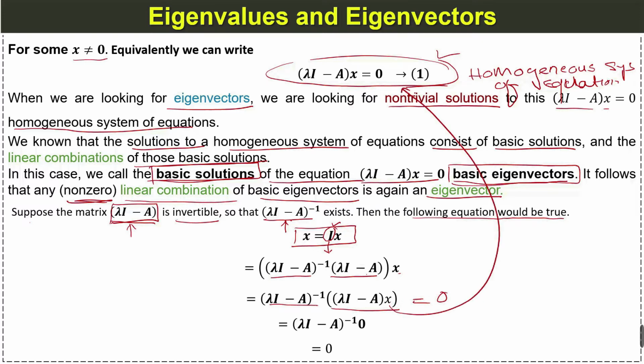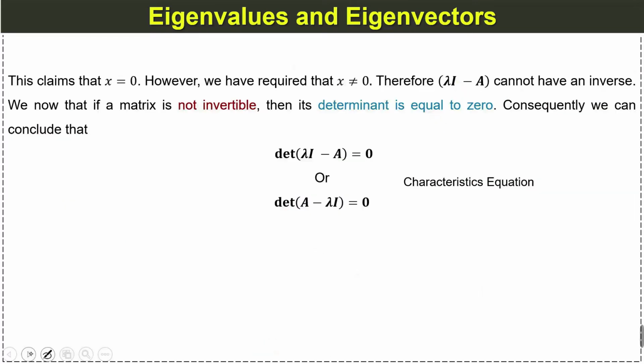Okay, so the inverse of this matrix times 0 is equal to 0. Okay, this means x is equal to 0. Okay, so this claims that x is equal to 0. However, we required that the vector cannot be equal to 0. So this means, therefore, that this matrix cannot have an inverse.